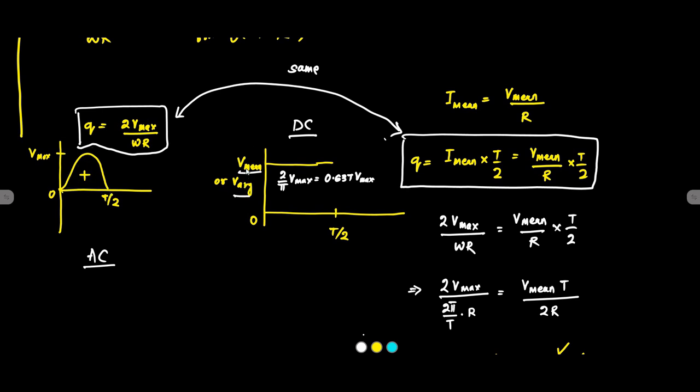This V mean or V average is the equivalent DC representation of this positive half cycle of the alternating voltage.